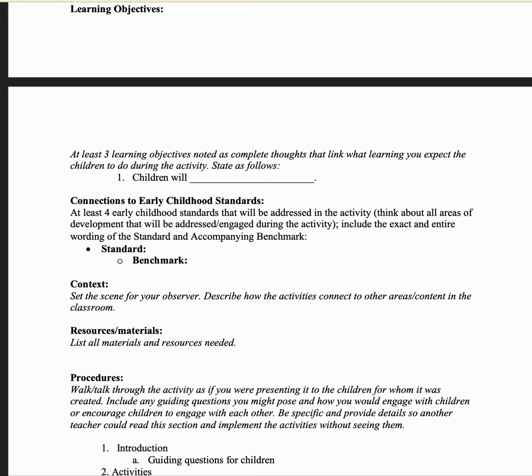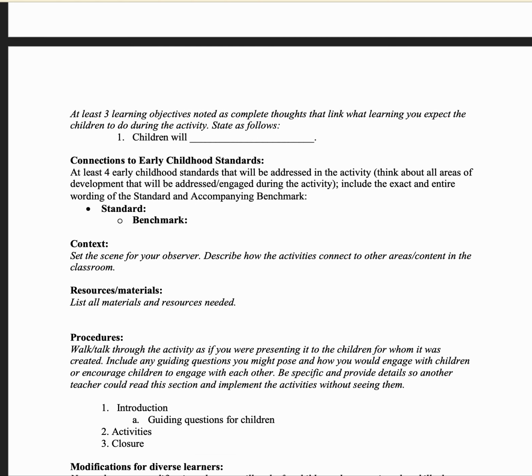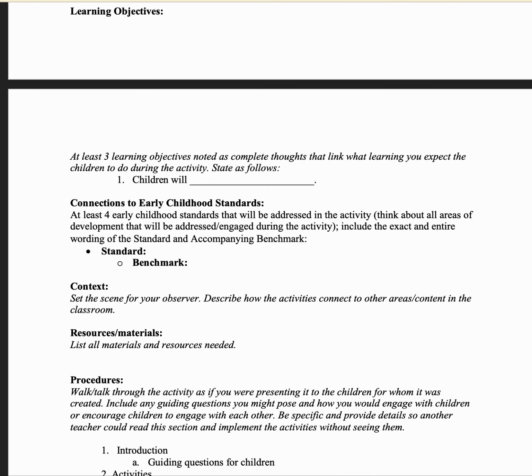Learning objectives. So when we say learning objectives, we're not talking, remember, this is emergent curriculum. We're not talking about outcomes that are predictable. We're saying what we think the children are getting out of this activity.